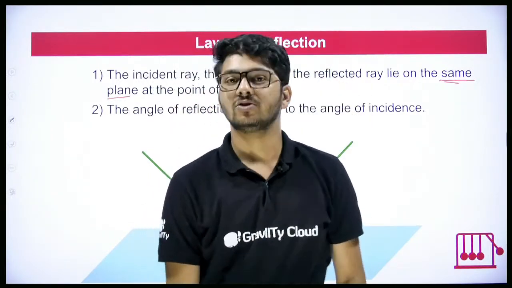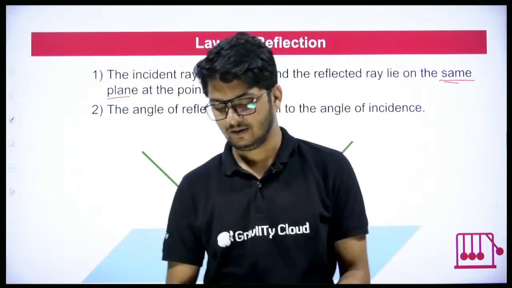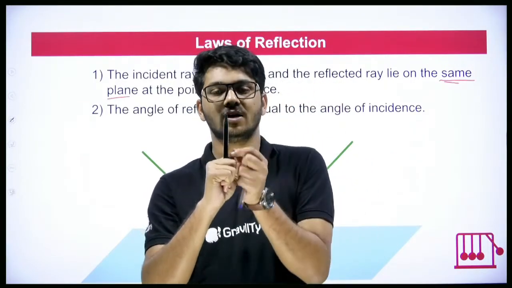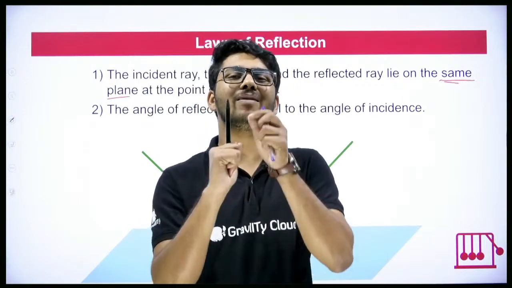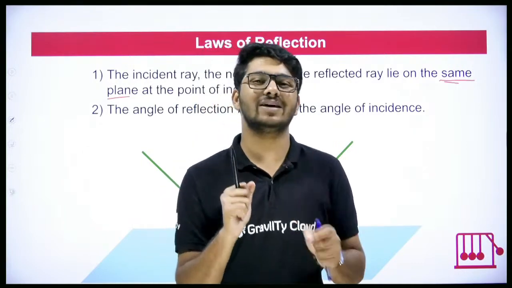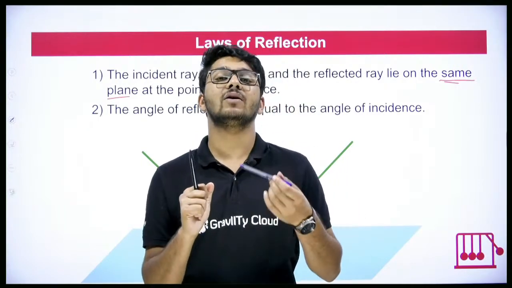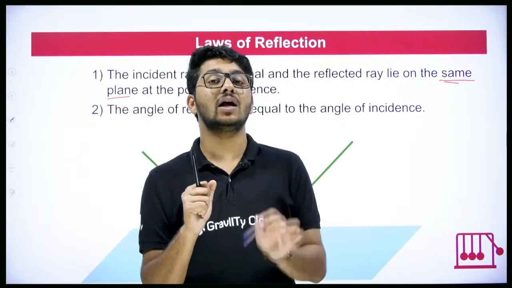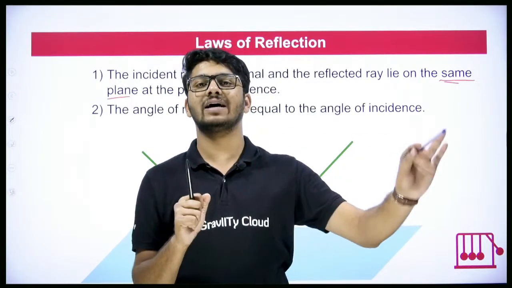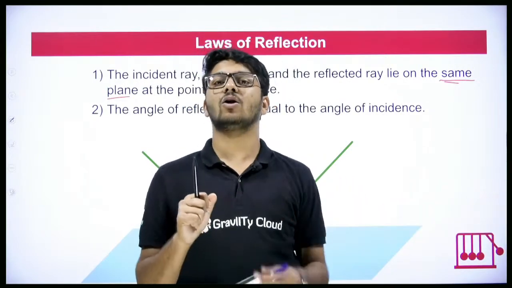Okay. So if this is a normal, and the angle made with the normal is 45 degrees, or a line makes an angle of 45 degrees with the normal, draw that line.